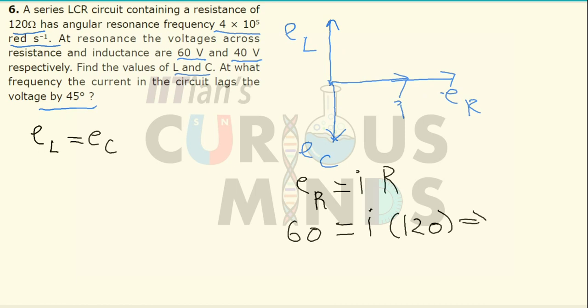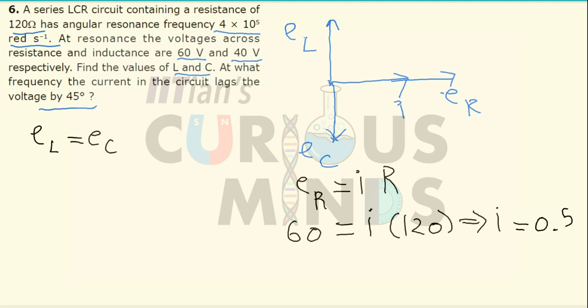Which implies the current in the entire circuit at resonance will be equal to 0.5 ampere, okay. The current across the resistor will be equal to 0.5 ampere.